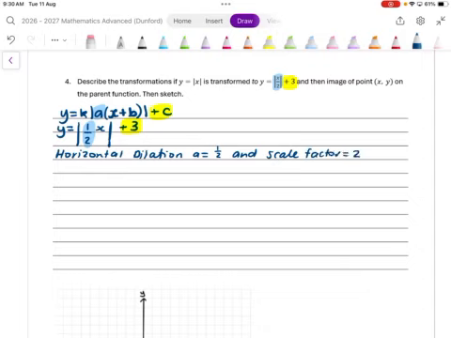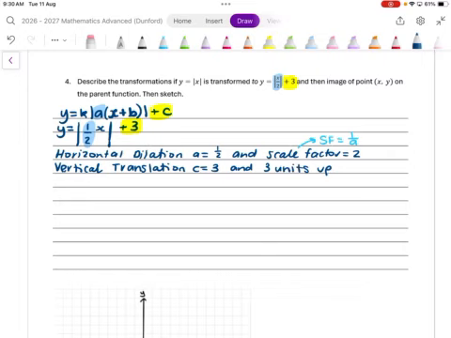Remember how we get our scale factor: our scale factor is equal to 1 on a with our horizontal dilation. And then we just have our vertical translation, c equals 3, and 3 units up.